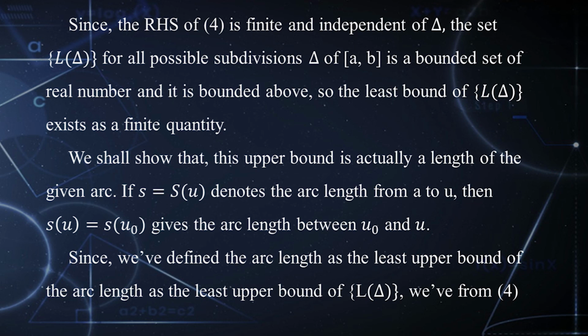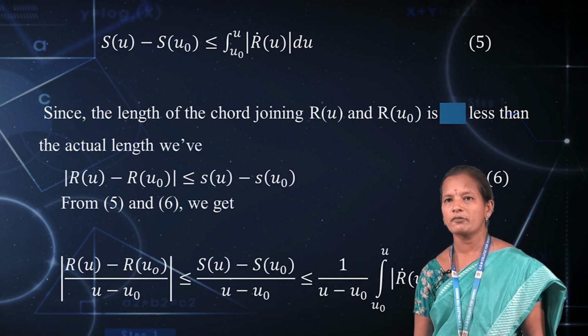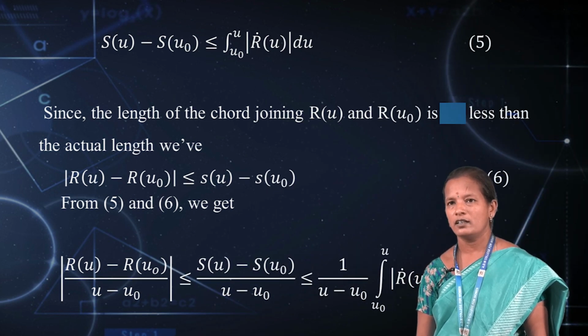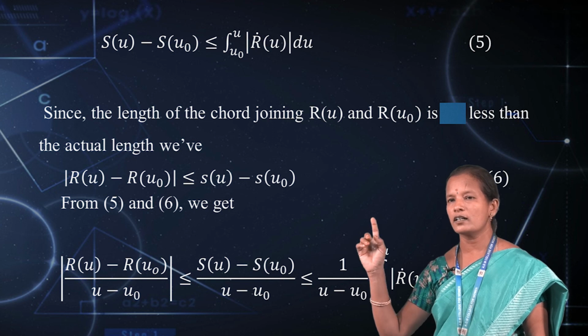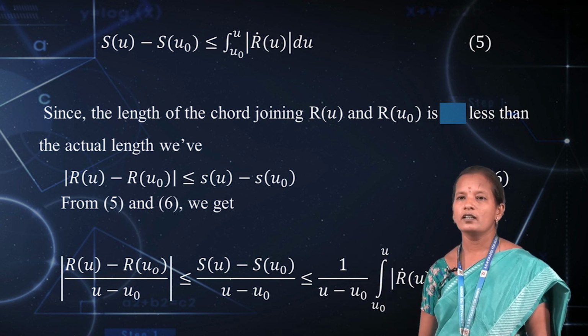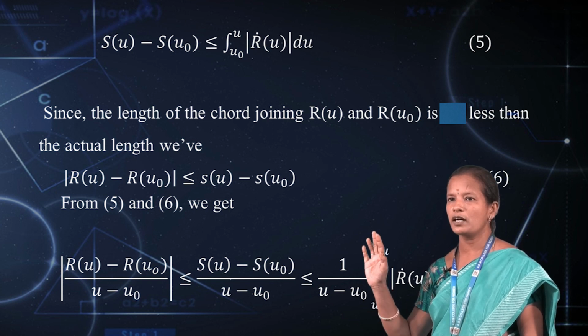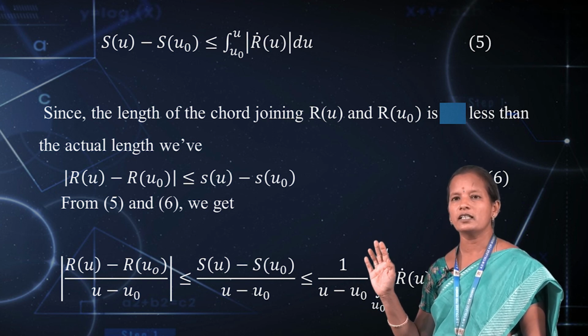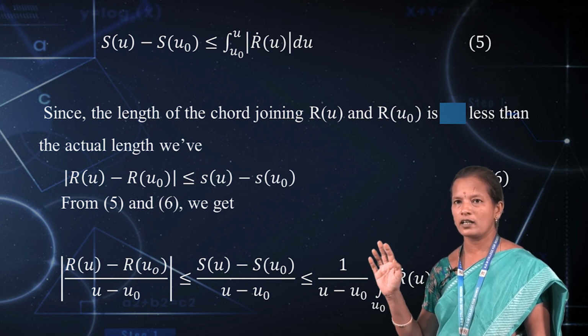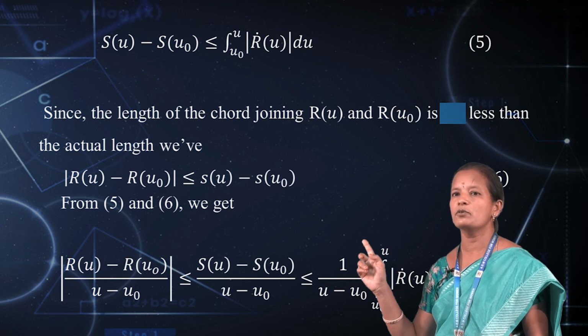Since we have defined the arc length as the least upper bound of L of delta, we have from equation 4: S of u minus S of u naught is less than or equal to the integral from u naught to u of modulus r dot of u du. Since the length of the chord joining r of u and r of u naught is less than the actual length, we have modulus r of u minus r of u naught less than or equal to S of u minus S of u naught.